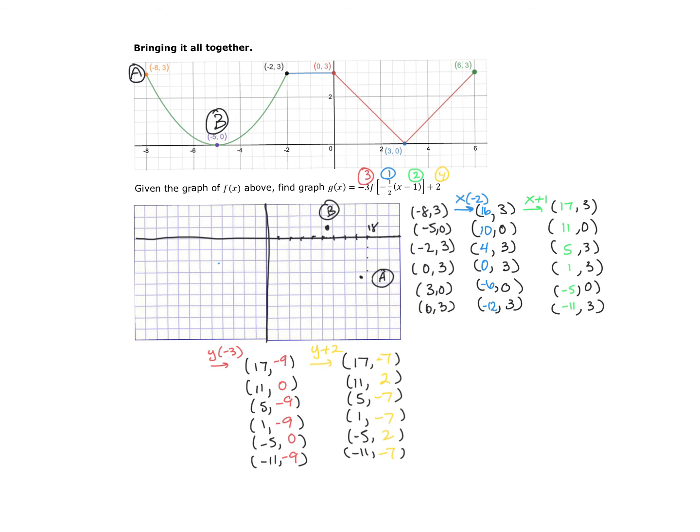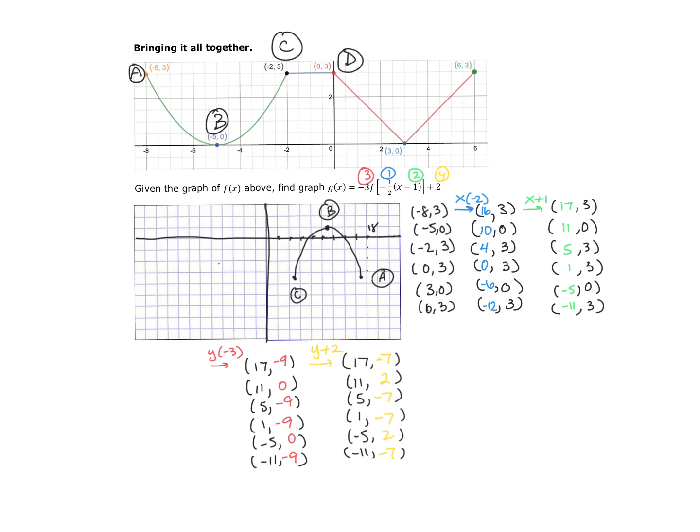So that's where the point A went to. Now the point C went to negative 5, negative 7. So 2, 4, 6, so negative 5 is right about there, negative 7. Here's where C went to, and in this region, on my original graph, you can see it is a kind of parabolic shape. So I need to make sure I write a parabolic shape on those points.